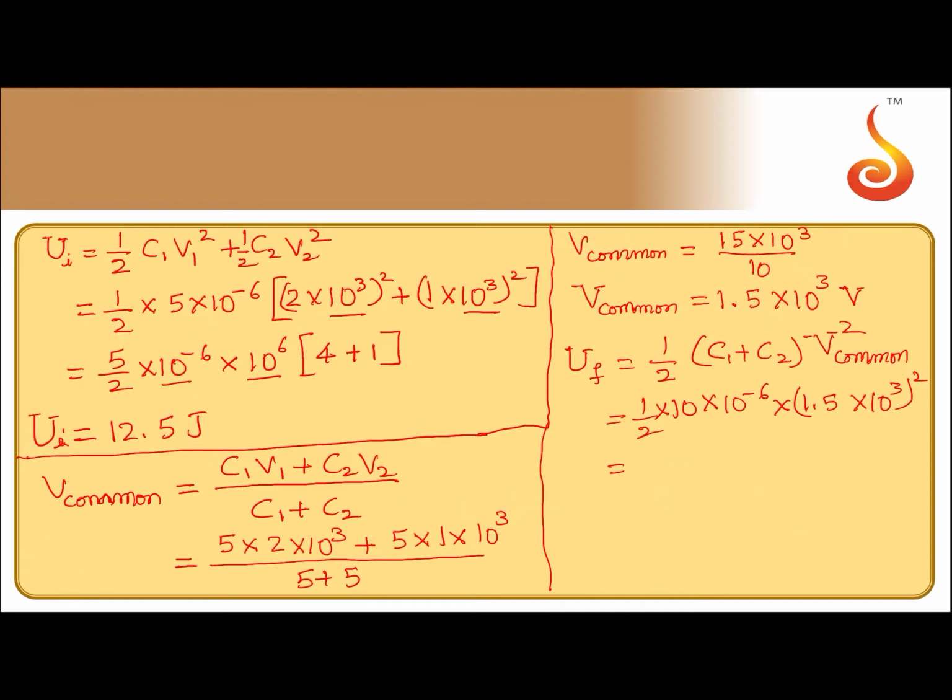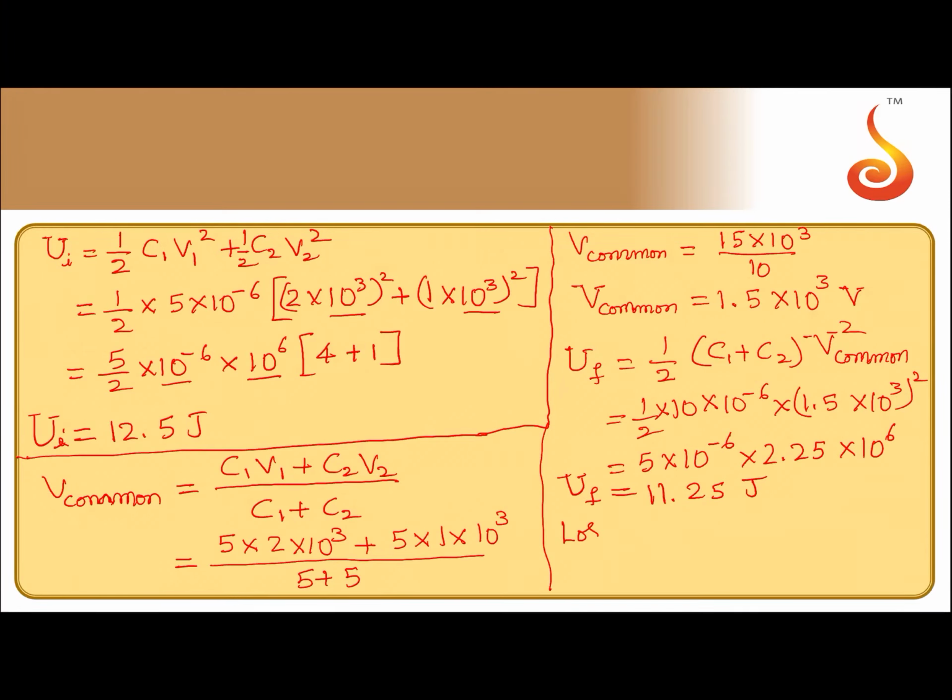So, that turns out to be 5 into 10 power minus 6 into 1.5 square, which is 2.25 into 10 to the power 6. So, that turns out to be 2.25 into 5, it will be 11.25 joule. This is the final energy.